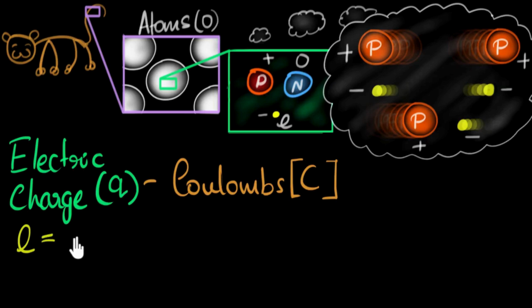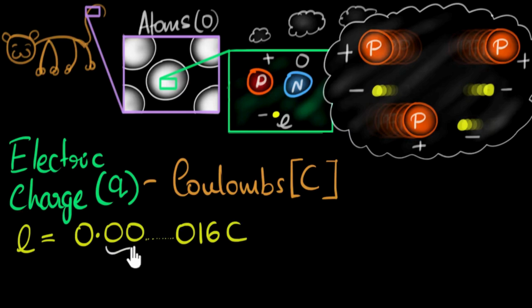We write it as 0.00, and there are so many zeros I can't write them all, 1, 6, and some other numbers, coulombs. The number of zeros over here is 18. There are 18 zeros in between. Just goes to show you how small the charge on the electron or the proton is.